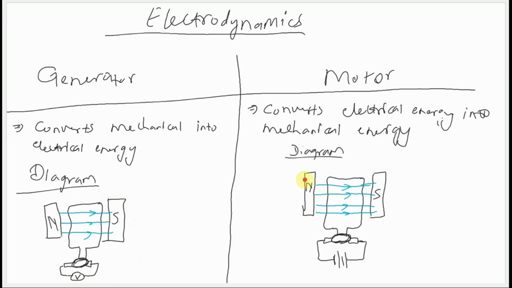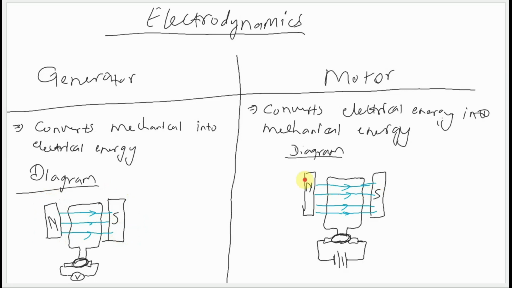So here you have your magnets, two magnets, the one is north and the other is south pole. These blue lines indicate magnetic fields. The same thing applies on the motor as well. So these two machines work in a similar way. The only difference is the energy conversion, but the system of how they work is basically the same.